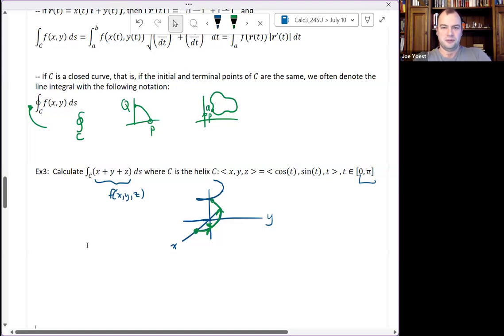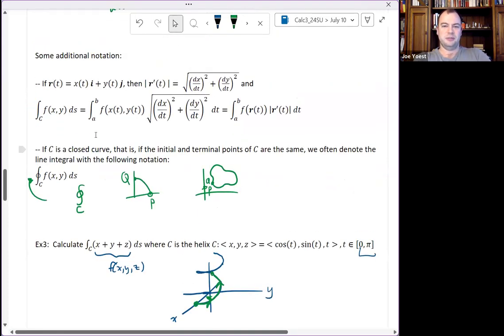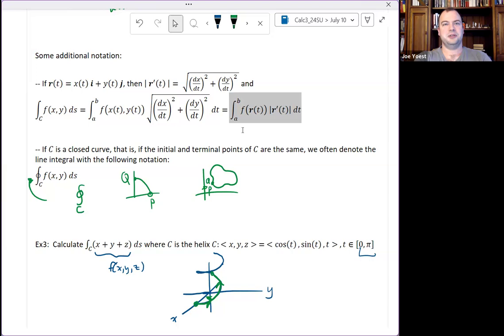What's different about it? Not very much, really. Instead of f of x of t, y of t, we have f of x of t, y of t, z of t. Instead of root x prime squared plus y prime squared, we just have an extra plus z prime squared. This notation generalizes very nicely to 3 input dimensions or even more.